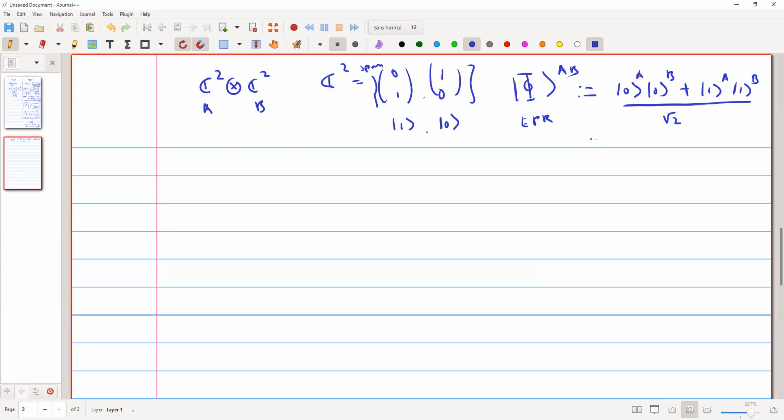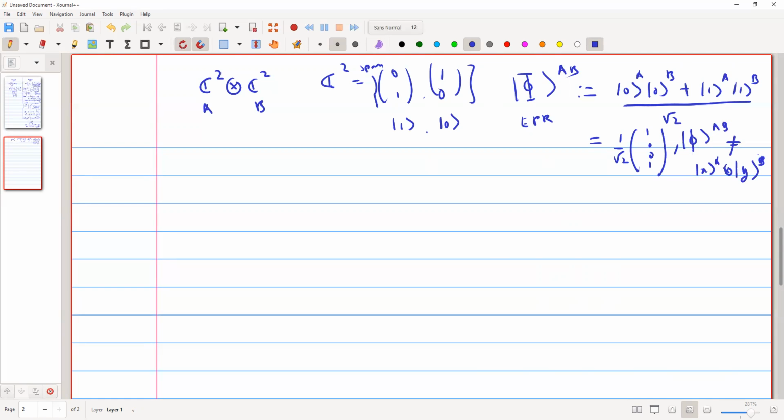In terms of n-tuples, it is this vector. And this vector is the canonical example of an entangled vector. You cannot write phi AB as x_A tensor y.